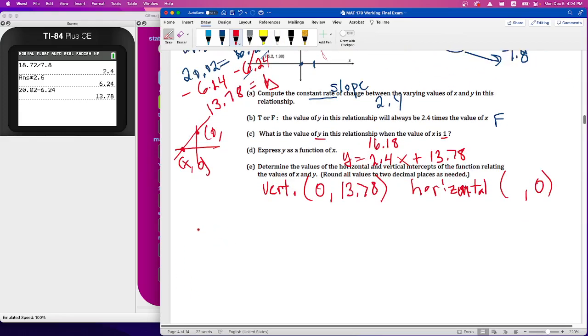So 0 in for y equals 2.4x plus 13.78. So we will subtract 13.78 from both sides. Here we get 0 minus 13.78, so negative 13.78.